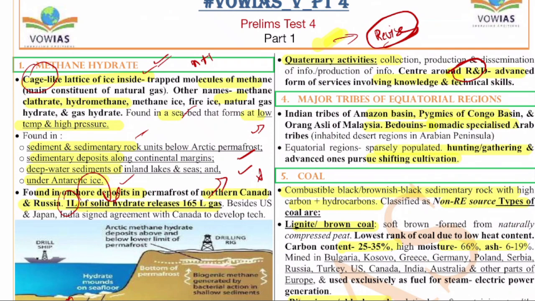Next, the fourth question is on the major tribes of the equatorial region. The Indian tribes of the Amazon basin, the Pygmies of the Congo basin, the Orang Asli of Malaysia, and the Bedouins, the nomads of the Arab region, are the major tribes.